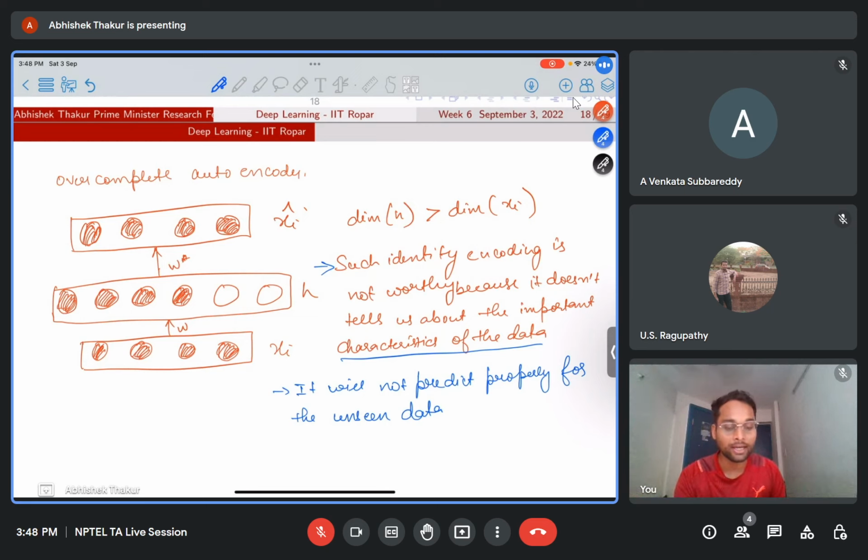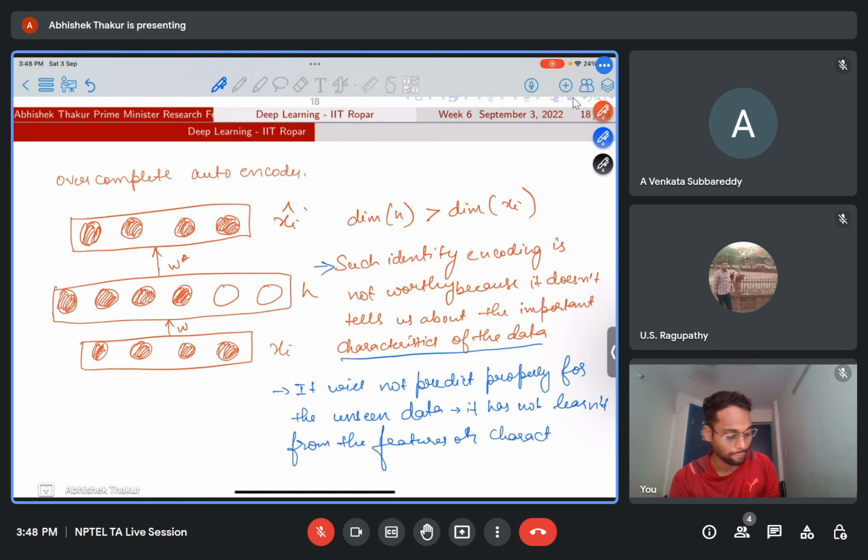But when you give new data, it will not predict properly because it has not learned any important characteristics or features of the data while training, because we have directly and trivially copied all the data.